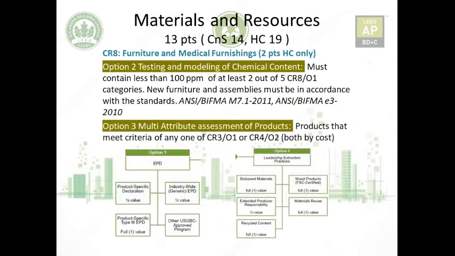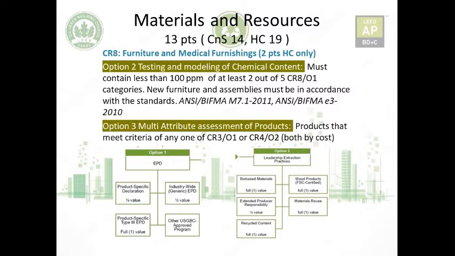In option number 2, the categories remain the same, the one we have seen in option number 1, like formaldehyde and heavy metals, cadmium, mercury, etc. But there the constraint was 5% by weight, and you have to meet 4 criteria. But here it must contain less than 100 parts per million of at least 2 out of 5.